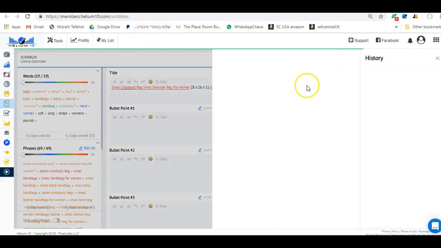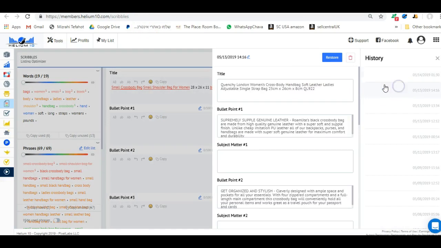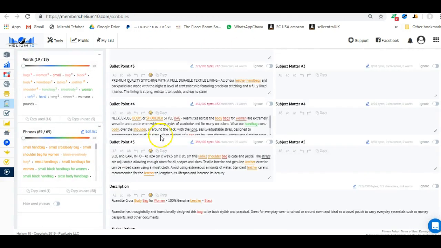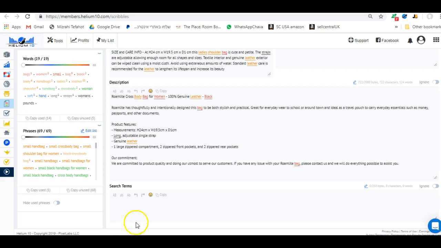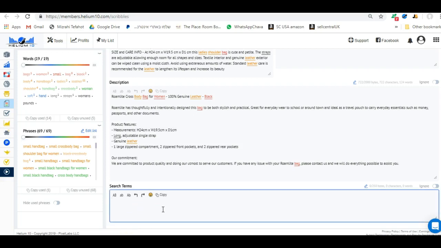If we could just load up a listing that we've done already, for example, over here. So the search terms are the last part, and whatever terms have not been used here at the side, I'll put them in the search terms. There's no need to repeat any words.